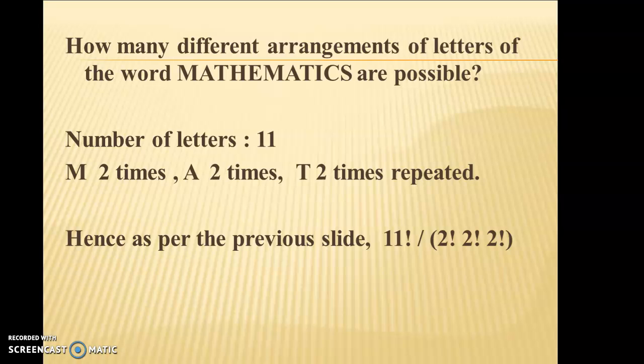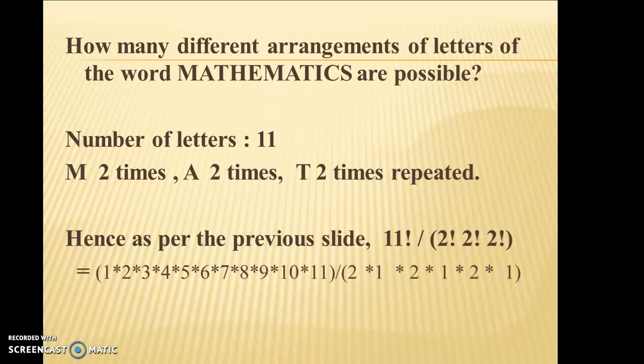Now factorial of n means factorial of 11, divided by, as M is repeated 2 times, factorial of 2, A is repeated 2 times, again factorial of 2, and T is repeated 2 times, so factorial of 2. So the answer is factorial of 11 divided by factorial of 2 multiplied 3 times. The answer will be 4989600.